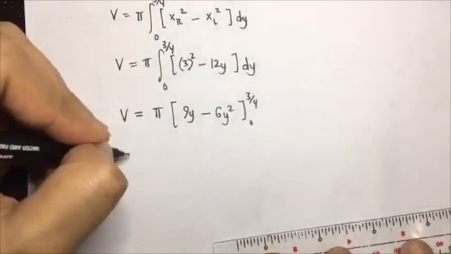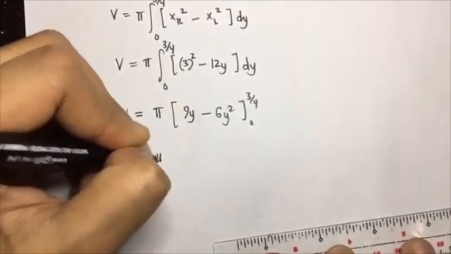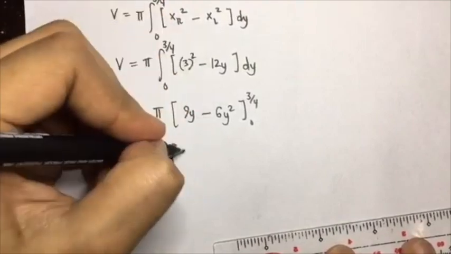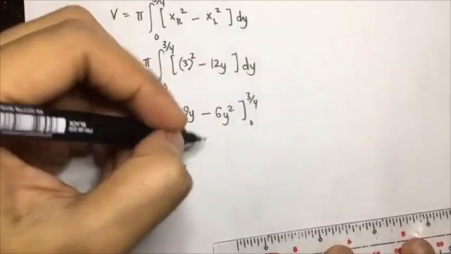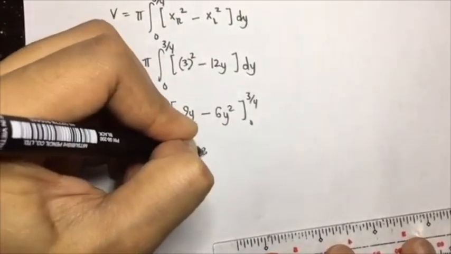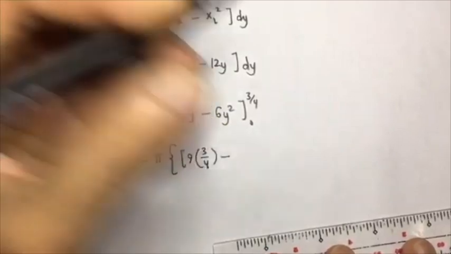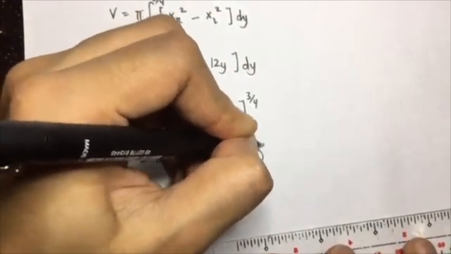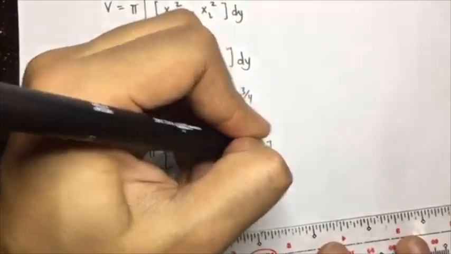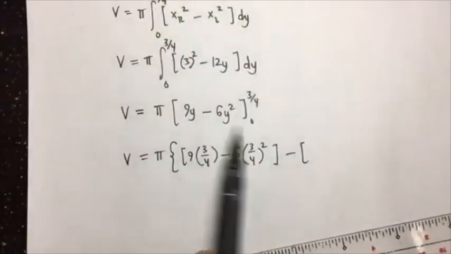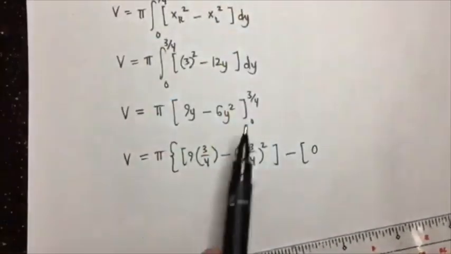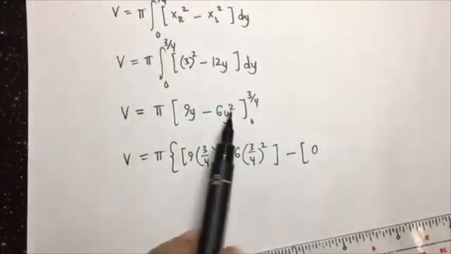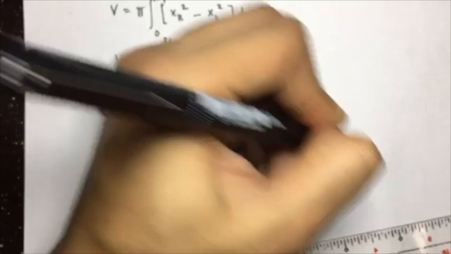Substituting the limits, V is equal to pi multiplied by, substituting the upper limit, 9 times 3 over 4 minus 6 times 3 over 4 squared, minus, substituting 0, 9y becomes 0 and 6y squared becomes 0.